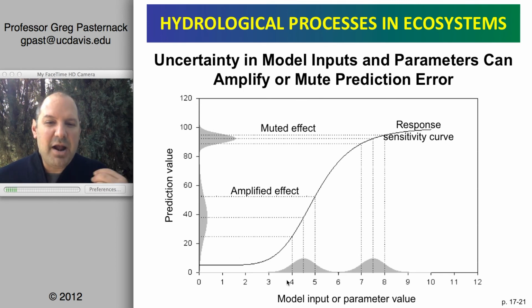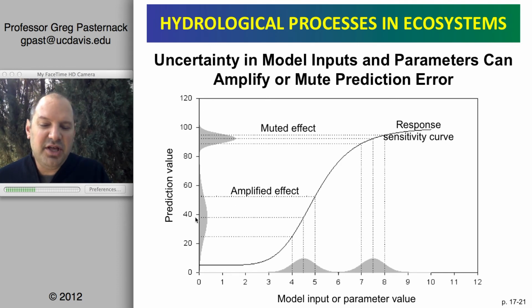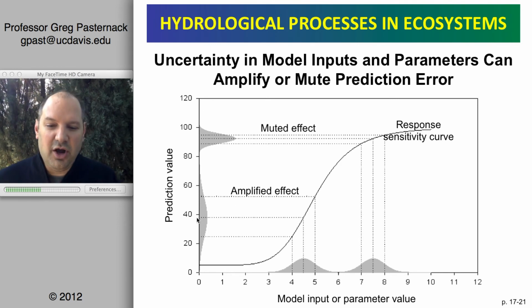Well, on a marginal basis, as you go from 4 to 4.5 or 4.5 to 5, do you find that the numbers in the output are disproportionately larger? In this case, you can see that 4 goes to say 25 and 5 goes to 55. So that's a huge spread.